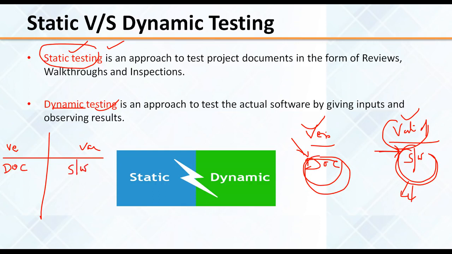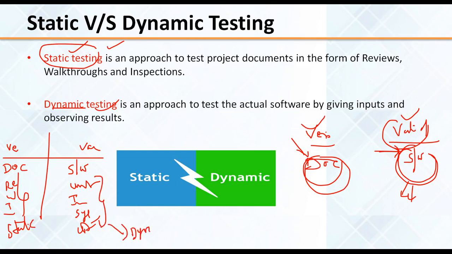In verification we conduct reviews, walkthroughs and inspections. In validation we conduct unit testing, integration testing, system testing, UAT testing. Reviews, walkthroughs and inspections we call static testing techniques, and unit, integration, system and UAT testing we call dynamic testing.